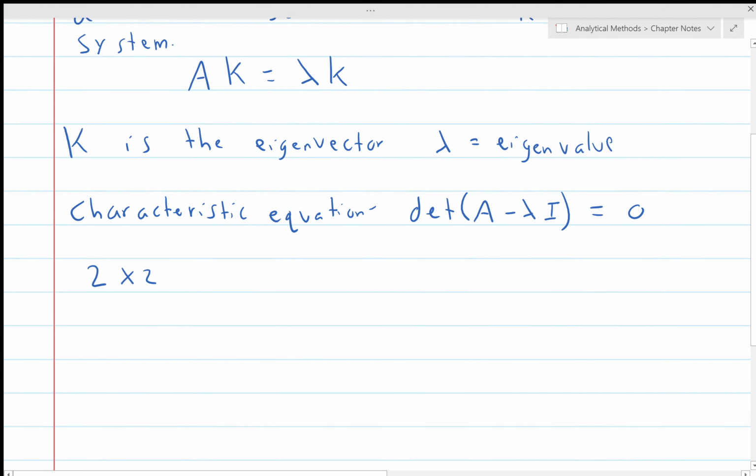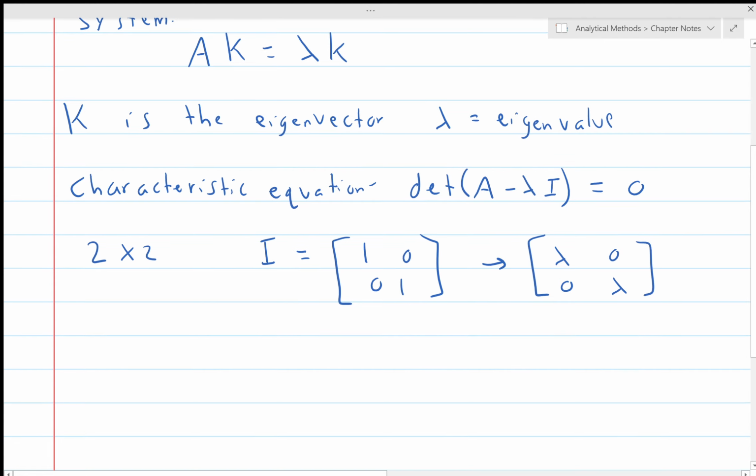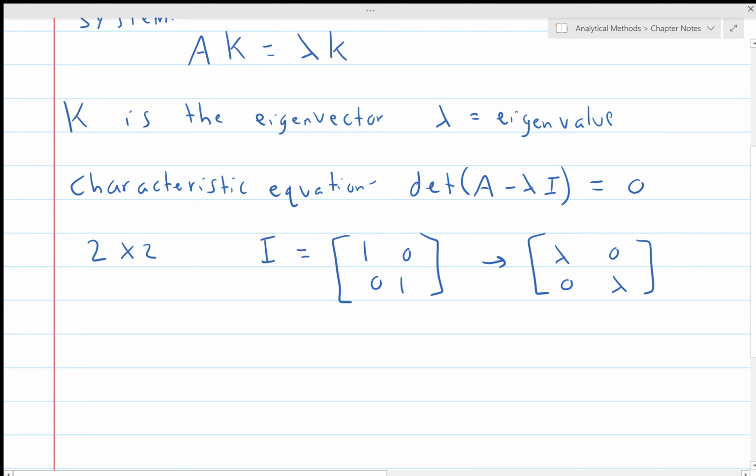And just to go over, for our 2 by 2, our identity matrix is just 1s across the diagonal, and if we have lambdas, it would just be lambda, because 1 times lambda would be lambda.